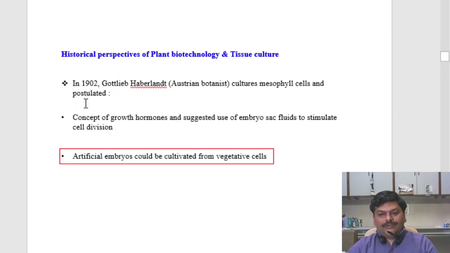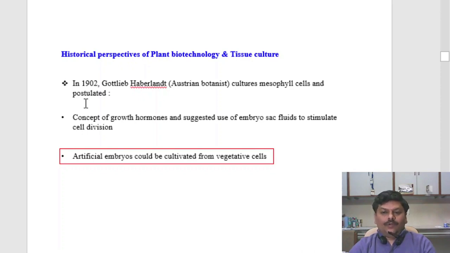Later on, as far as plant biotechnology and plant tissue culture are concerned, a huge development happened in the early 20th century by Gottlieb Haberlandt. He's an Austrian botanist working in Germany, and by taking the idea of these nutrient solutions, he was able to grow leaf mesophyll cells for a few days.